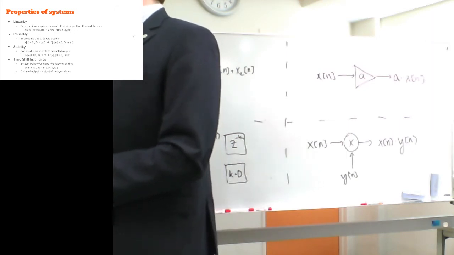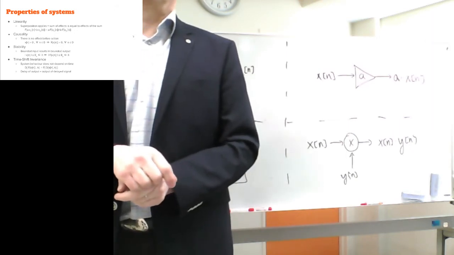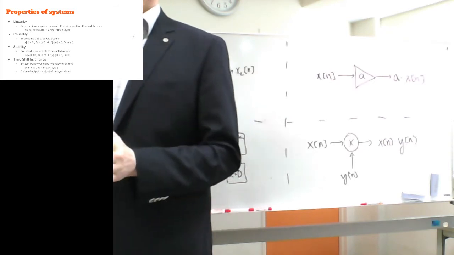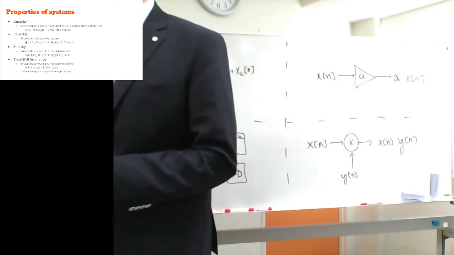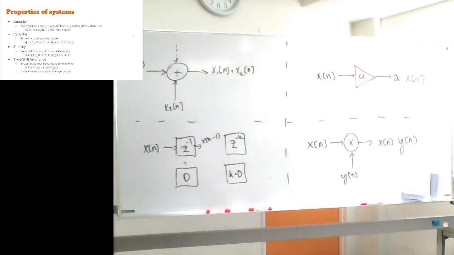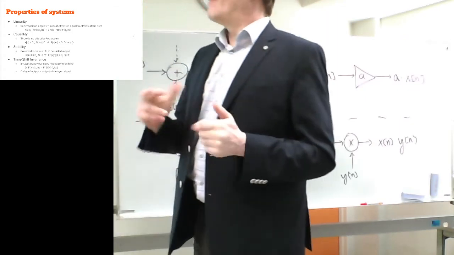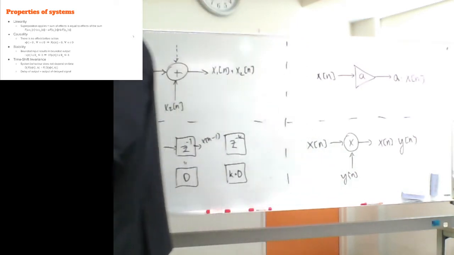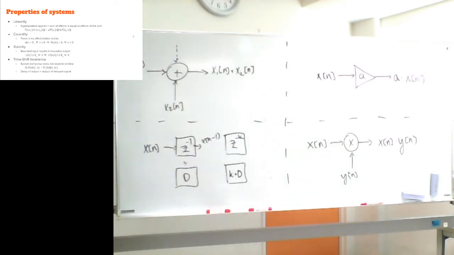People are non-causal. They can forecast the future, they can act before necessary. And again, this is not good or bad. It's more about whether a system has a forecasting property or not.